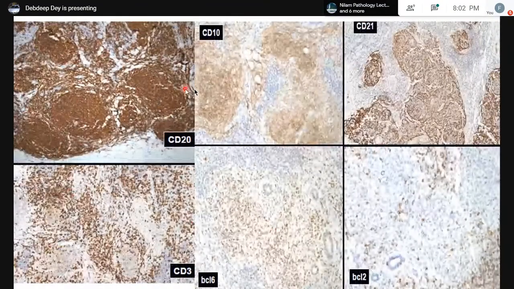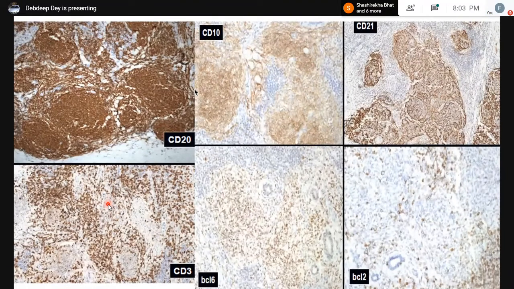And when you do your markers, the CD20 highlights the follicles, the CD10 is positive, the CD21 highlights the dendritic cell meshwork, the CD3 shows the background reactive lymphocytes, and you will see there's still quite a large number of CD3 positive cells, and there will be, that's part of the immunogenic mechanism.